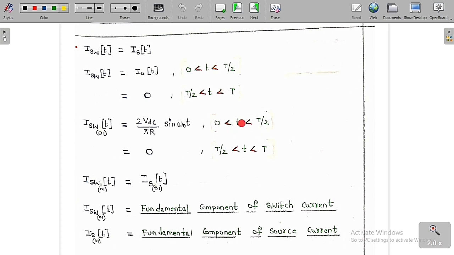Whereas here switch S1 is conducting, so whatever the load current is, it is the same as the current of the switch. So the fundamental switch current is equal to the fundamental of the load current.